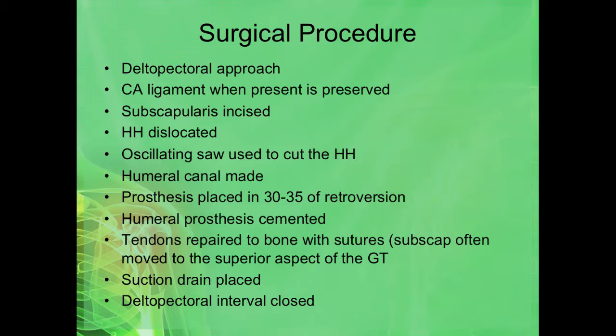The prosthesis is cemented, and then any tendons that were excised are now repaired to the bone with sutures. The subscap is often moved to the superior aspect of the greater tuberosity. A suction drain is then placed, and then the deltopectoral interval is closed.